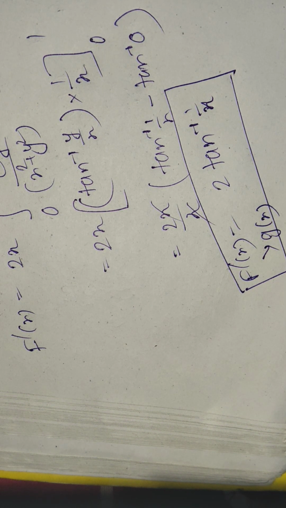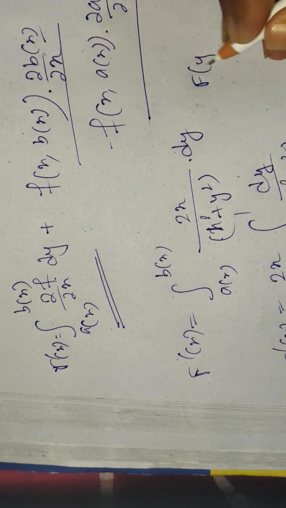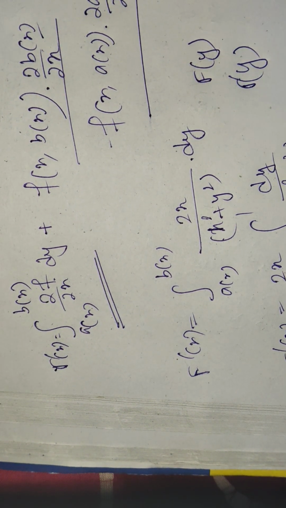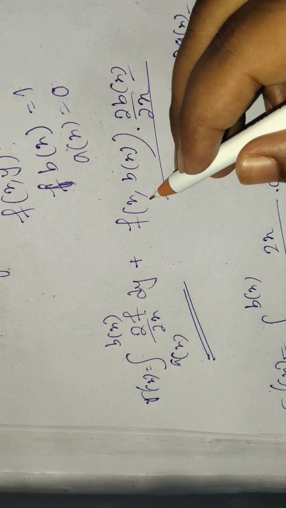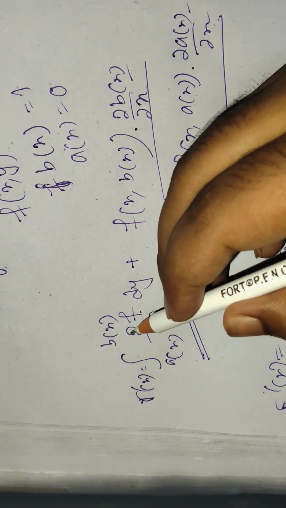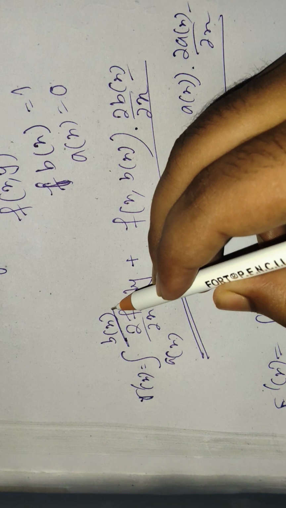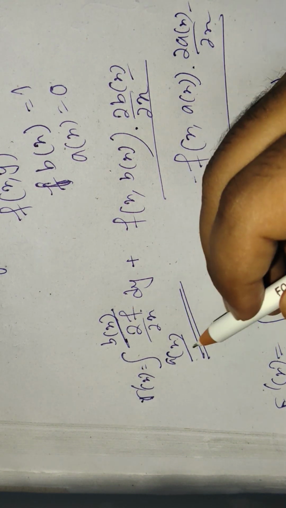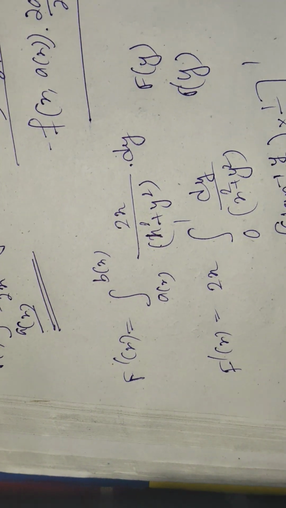So be careful. If the function is given as f of y and we have to differentiate f dash y, then we have to replace this x with b of y basically. And definitely the examiner will give you this in the form of y and this in the form of y also, but in that case as both of them are constant, maybe the examiner will not change the value of the limits.